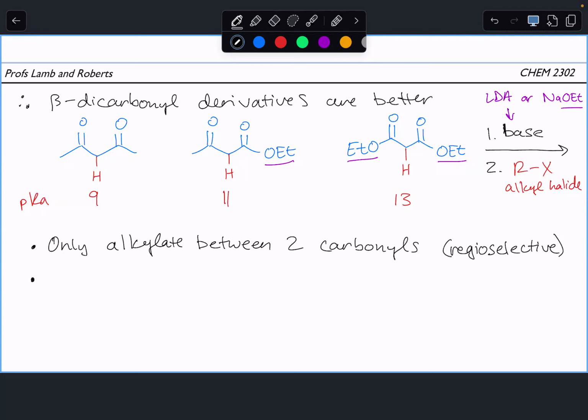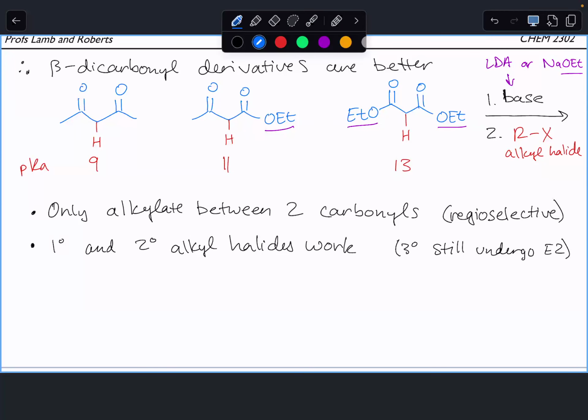The other thing that it helps with is that the enolate is less basic, such that both primary and secondary alkyl halides work. So it's less basic, therefore E2 elimination is less likely to happen. But tertiary alkyl halides still undergo E2. So it's not perfect, right? But it's better. We can use primary and secondary.